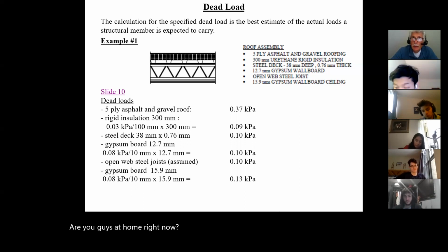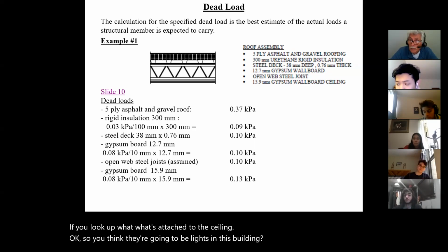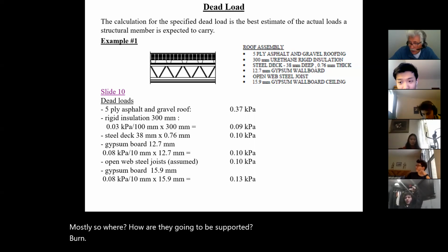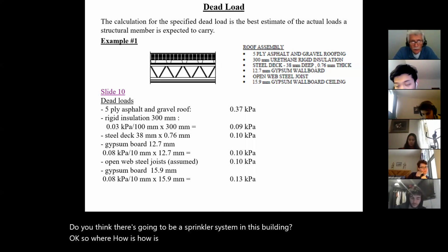If you look up, what's attached to the ceiling? The light. Okay, so you think there are going to be lights in this building? Well, yeah, most likely. How are they going to be supported? They're going to have to be attached to this somehow, right? Do you think there's going to be a sprinkler system in this building? Yes. How is that sprinkler system going to be supported in the air? It has to be supported by this member, okay?